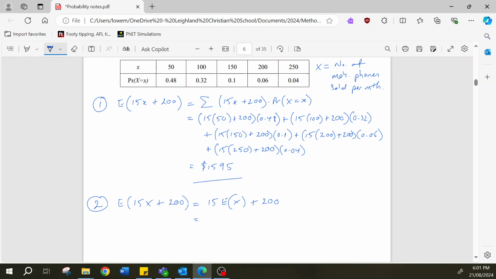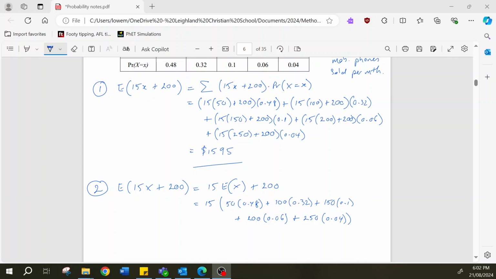We could just work out what E of x is, so we'll go 15 times 50 times 0.48 plus 100 times 0.32, and continue on with that.